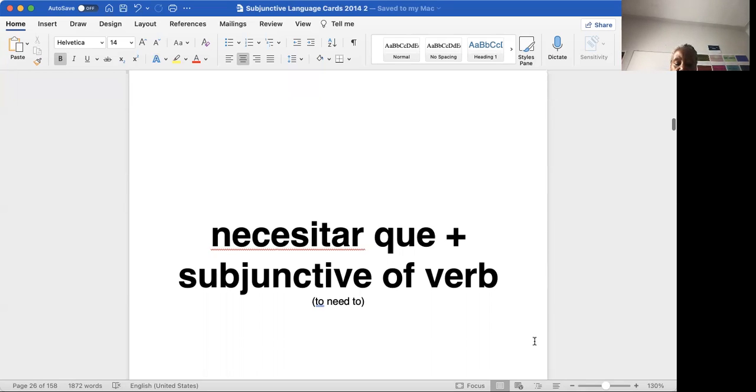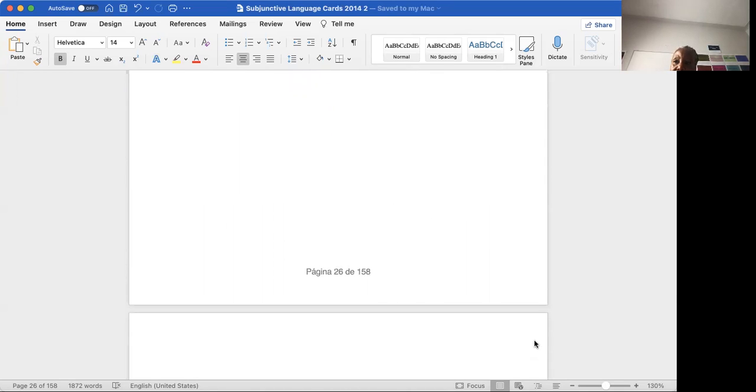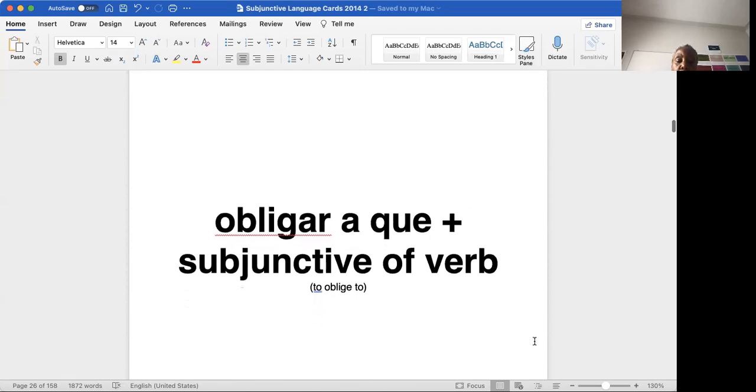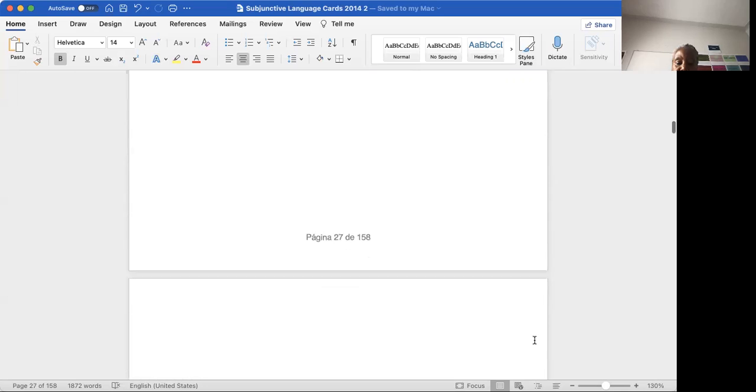So let's continue with expressions that require the subjunctive when you have an independent clause, and then you have the subordinate clause, and the subject is different in the subordinate clause than it is in the independent clause. Okay, so obligar a que, to oblige to.